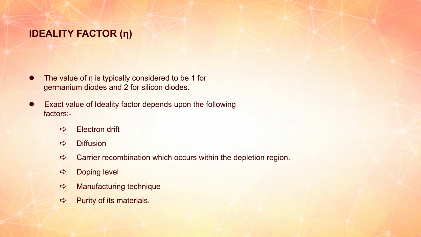The material selected for the manufacturing of the diode matters, as the ideality factor depends on it. As we all know, pure materials are not used; some impurities are added to the pure material. The amount of purity that remains determines the ideality factor.